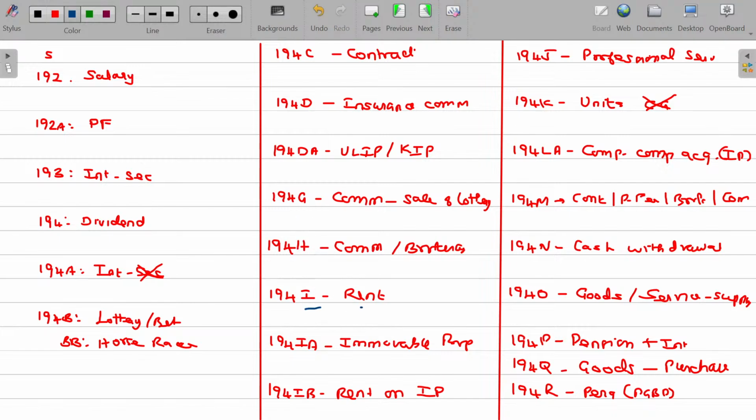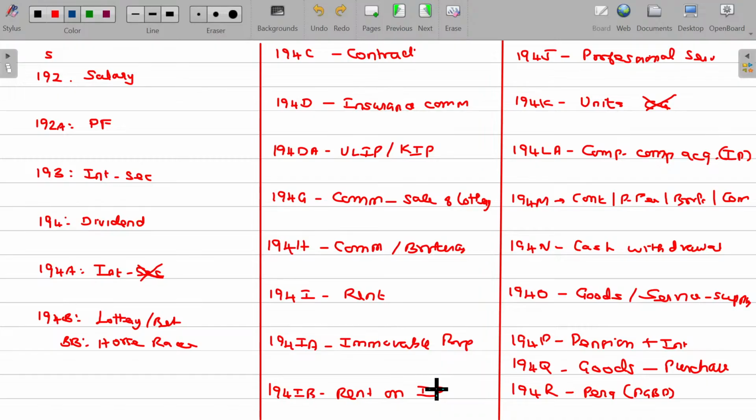I pay rent. I sell my immovable assets. IA represents immovable assets. I pay rent for my immovable property. Property spelling can be B, so you can easily remember. I represents rent, like I pay rent. IA, transfer of immovable assets. And IB, immovable property rent.